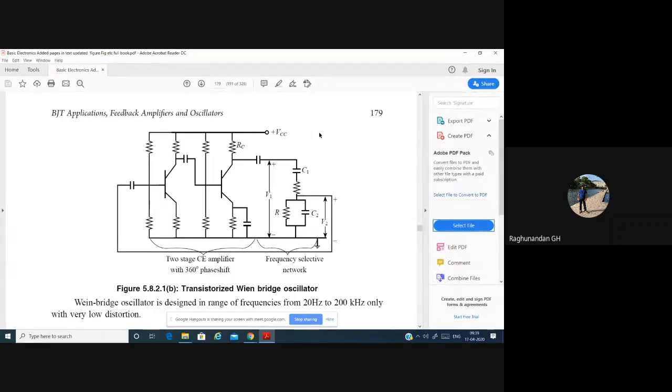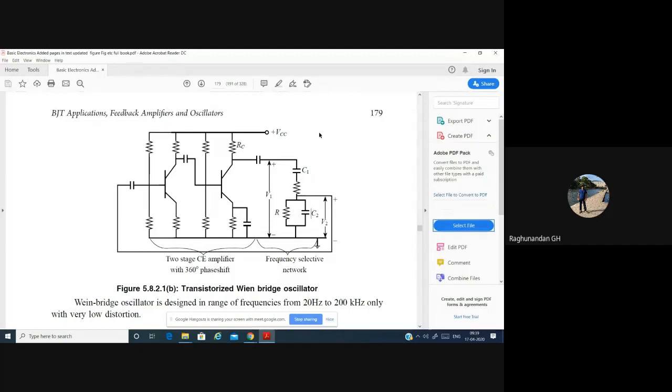That means if one gets 58, another gets 50, another gets 60, the total phase shift produced by the RC network will not equal 180 degree, because overall we should get 180 from the amplifier and 180 from the feedback network. If R and C values are not matching and cannot produce exactly 60 degree, then the Barkhausen criterion is not going to be met.